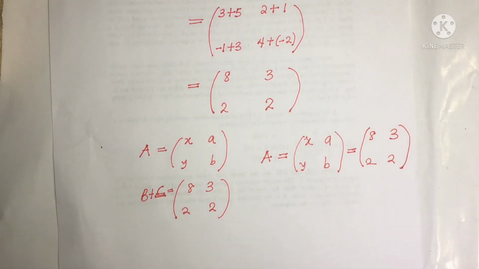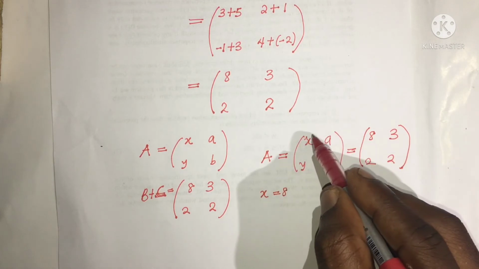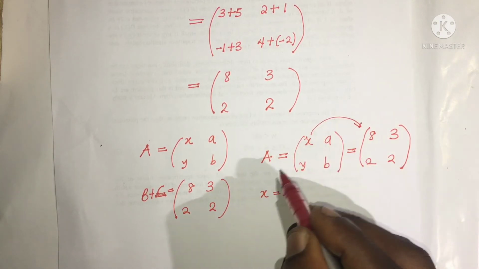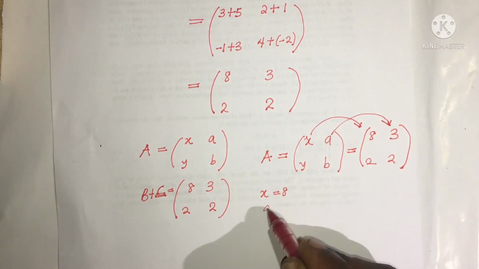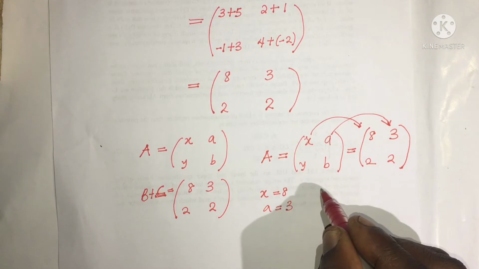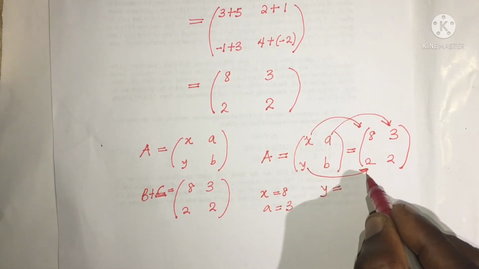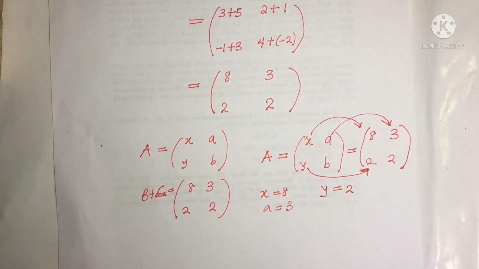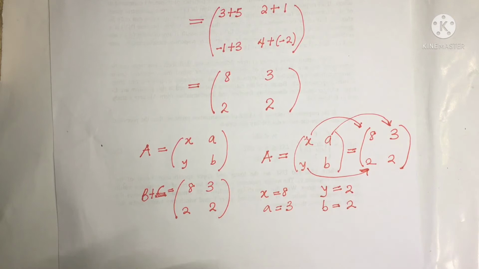What does that mean? It means that X will be equal to 8. X is equal to 8. It means also that A is equal to 3. Then what would Y be? Y will be equal to 2, and B will be equal to 2.